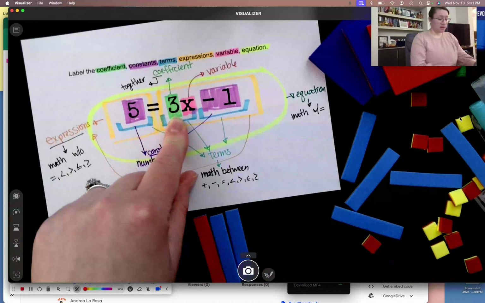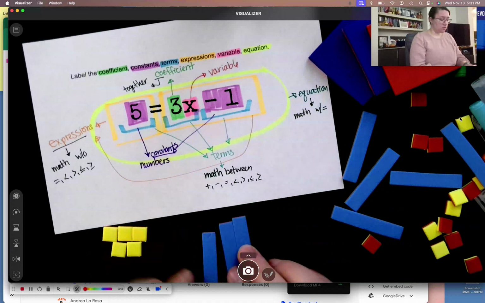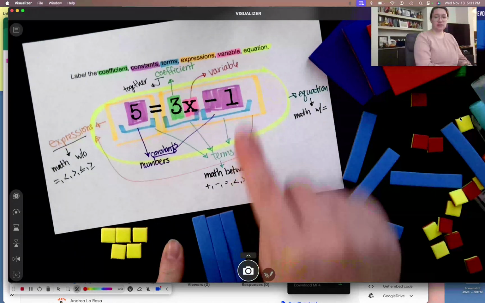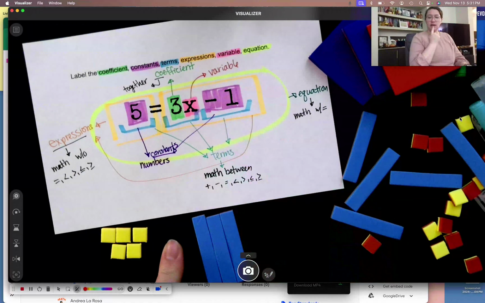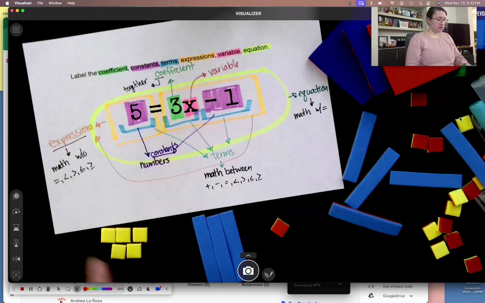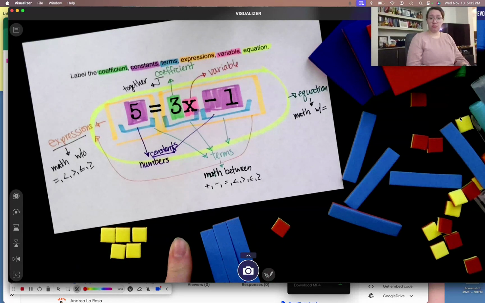My coefficient is positive, so I want them all to be the positive color, which is blue. So 5 equals 3x. What would a -1 look like? 1's a constant, so it's going to be one of these little pieces here. So this would be 5 equals 3x minus 1.